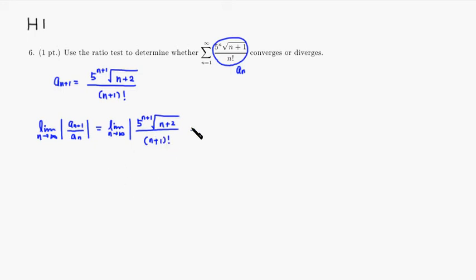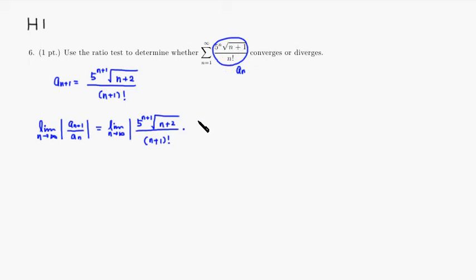And then you want to divide by a_n. Dividing by a_n is the same thing as multiplying by its reciprocal. So all I have to do is multiply by the upside down version of this guy.